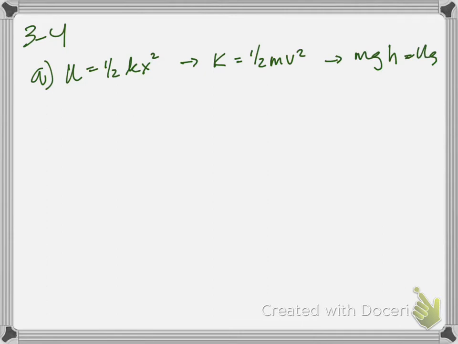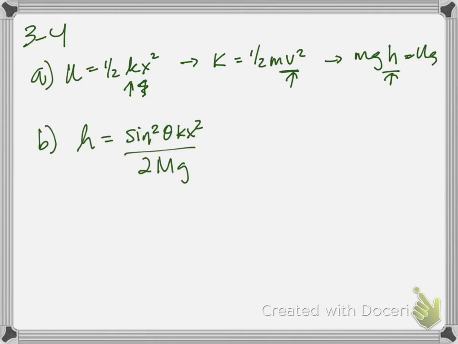So by that line of reasoning, if k were higher, then this velocity would be higher, resulting in a higher h. So 2 points for part A. 1 point for realizing that a stiffer spring would give a higher velocity, and then 1 point for saying that a higher velocity would give a higher height.